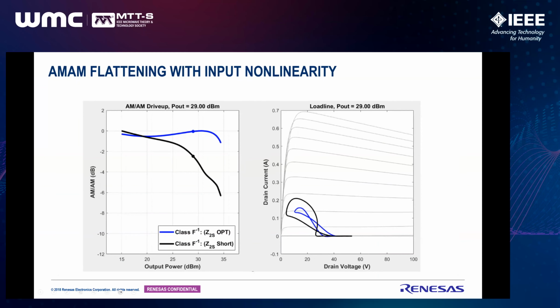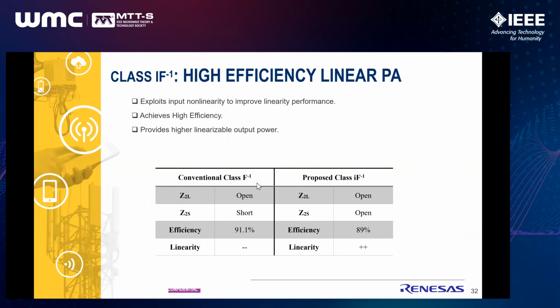Similarly, I'm showing here the same point: inverse class F hits the knee region at a very early power level, but with the optimized second harmonic source, we can still maintain flat AM-AM characteristics.